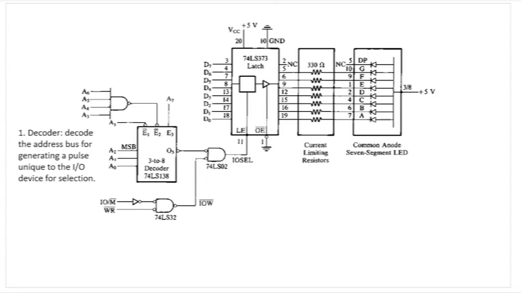We know that this device has to be connected to a specific address, which can be any address ranging from 00 to FF. So using the decoder, the microprocessor is able to decode the address bus to generate a specific pulse unique to this particular IO device.